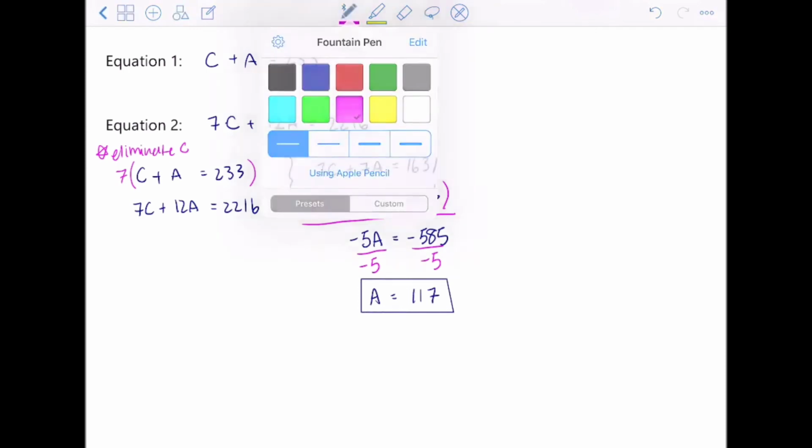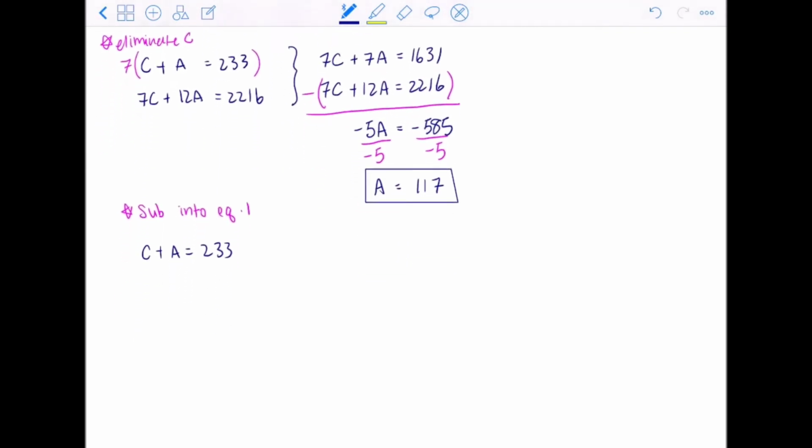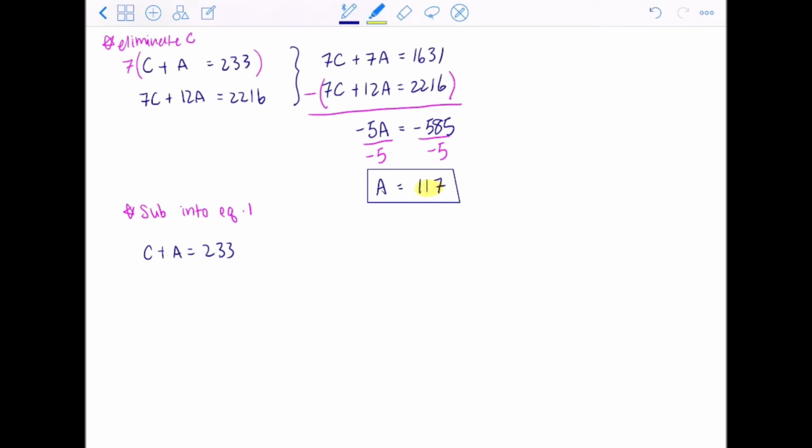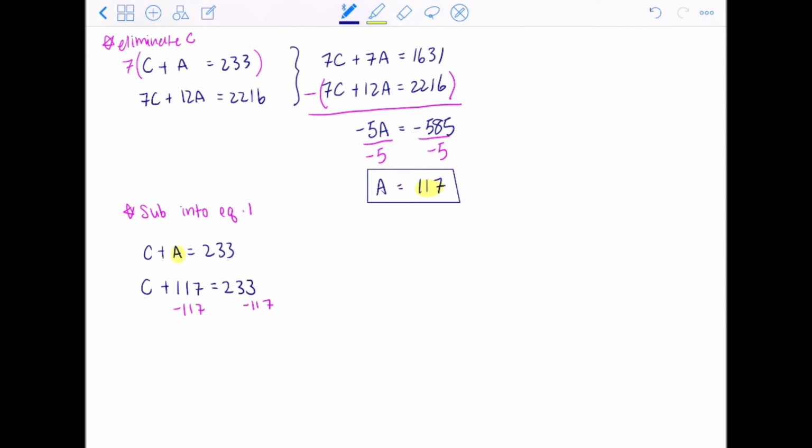We're going to sub this value into the first equation, the original one, sub into equation 1. C plus A equals 233. I'm going to sub this into here. So C plus 117 equals 233. We isolate C. So we get, what do we get? C equals 116.